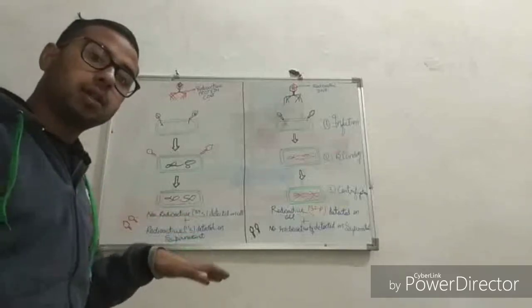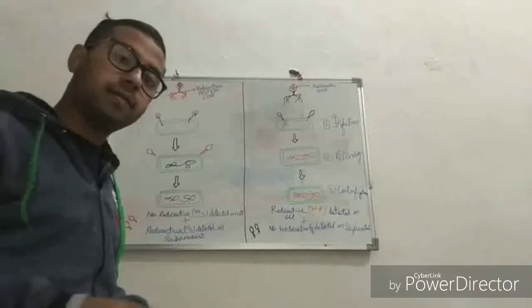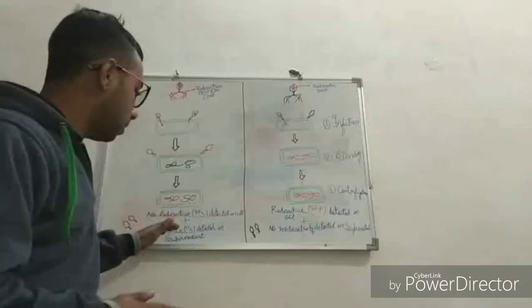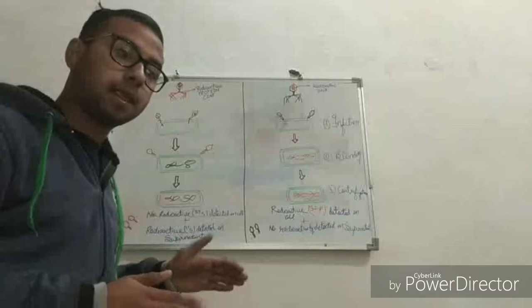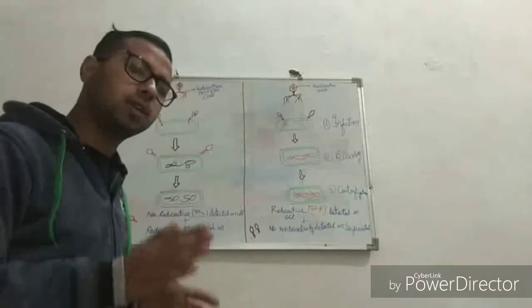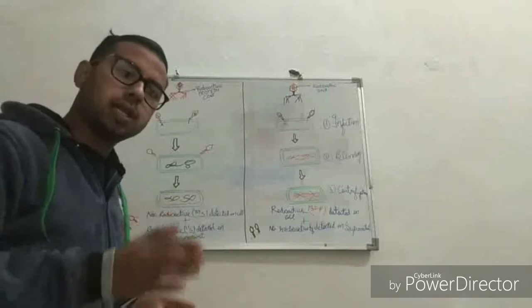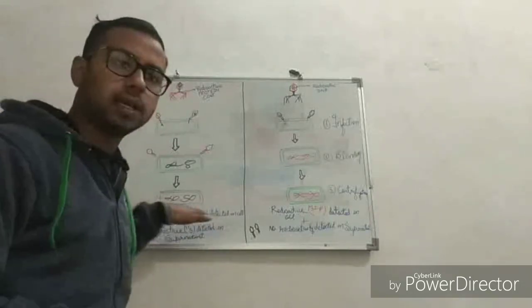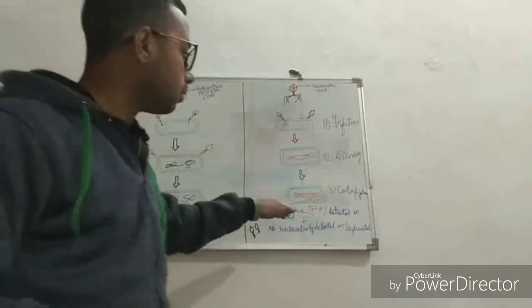What we detected in the first case is that radioactive sulfur 35 is detected in the supernatant, means that protein radioactivity is shown in the supernatant. This means protein is not that one that enters the bacterial cell, because no radioactivity is detected in the cell, as you can see.